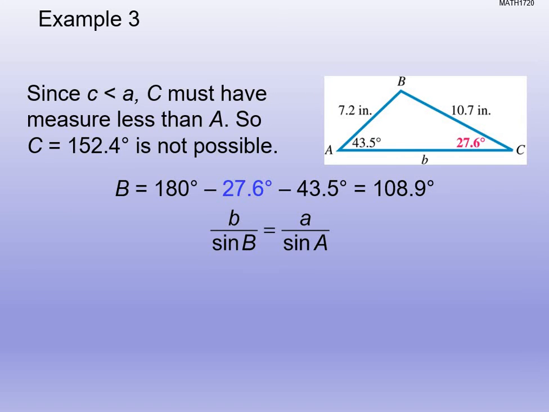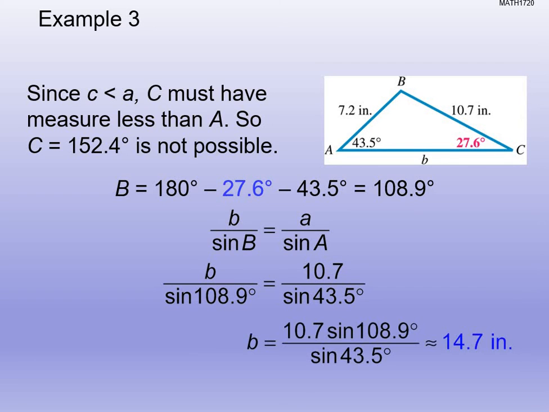Use the law of sines with the side lengths on top: b over sine B equals a over sine A. Multiply both sides by sine of 108.9. Do 10.7 times sine of 108.9 in your calculator, hit enter, and then divide it by 43.5. You should be getting 14.7 for side length b.